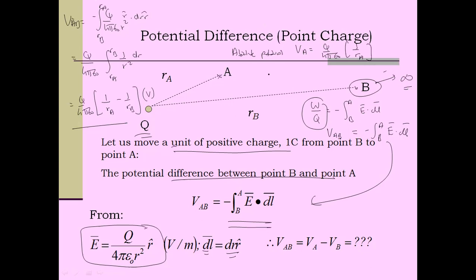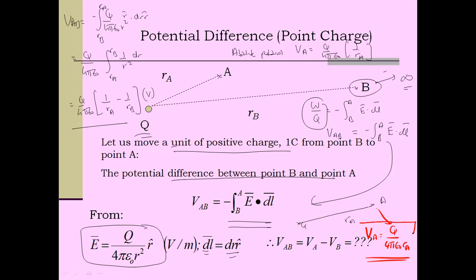This means that if we have a charge Q and a point A at distance RA, the potential at this point A due to a point charge of Q is simply Q divided by 4 pi epsilon naught RA, in which RA is the distance from charge Q to the point of interest.